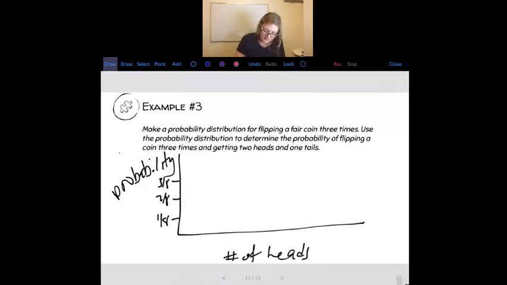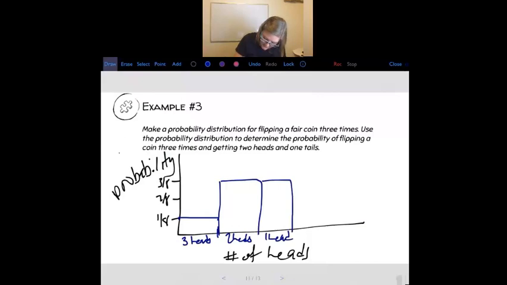Okay, and so let's see, we have the probability of getting 3 heads was 1/8. 2 heads was 3/8. One head was also 3/8, and then no heads was 1/8. So that's what our distribution would look like.